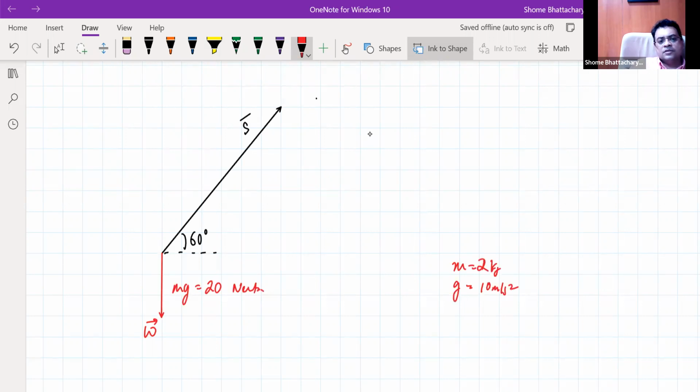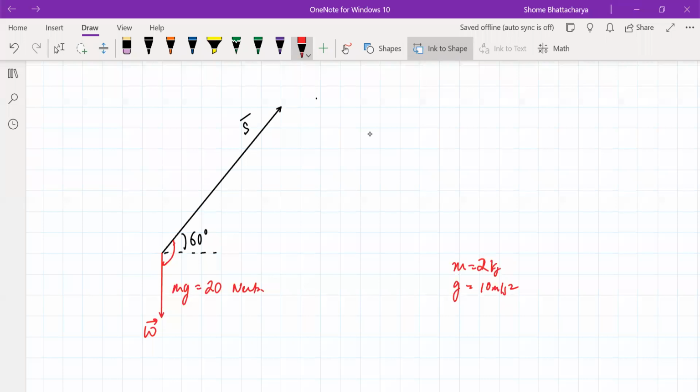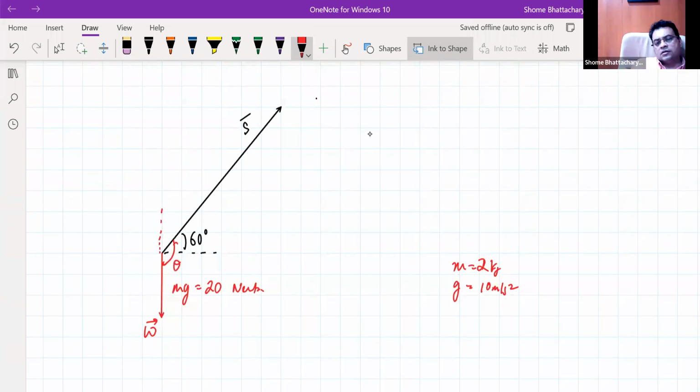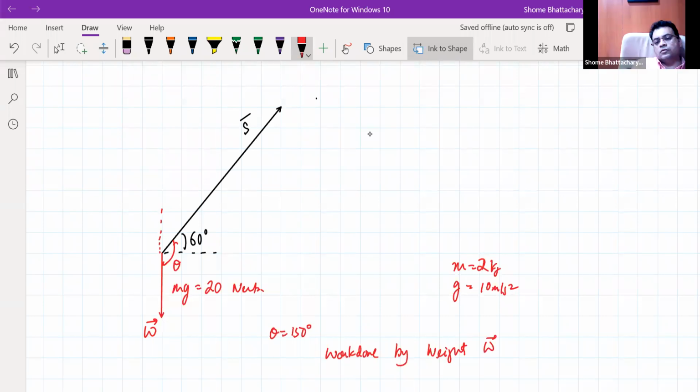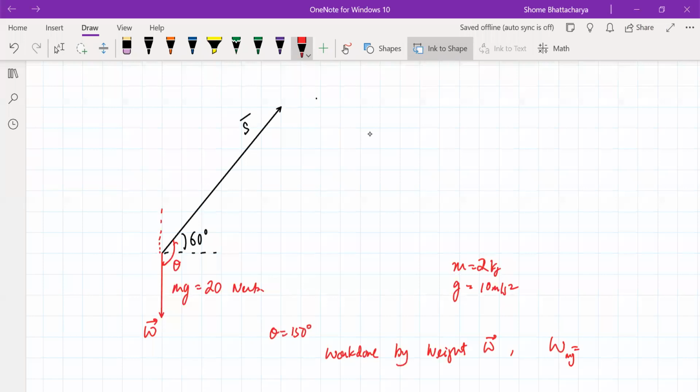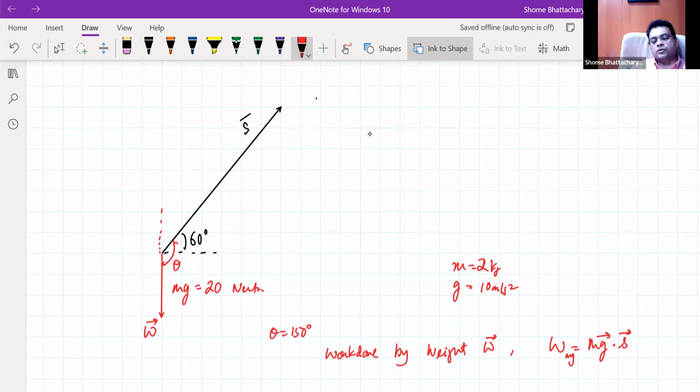So what is the angle between these two now? This angle theta. Theta is 150 degrees. So work done by weight W, this dot product. Okay.